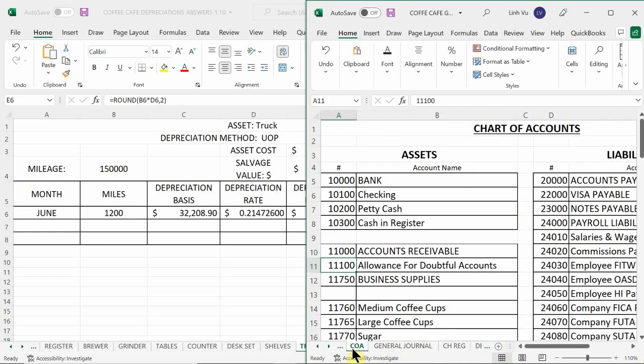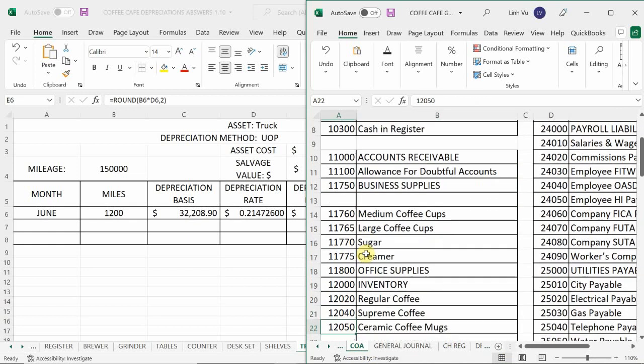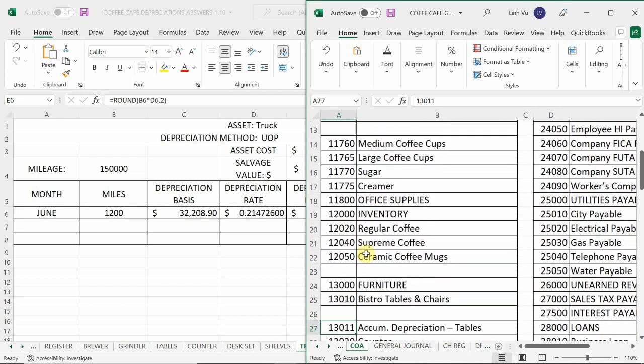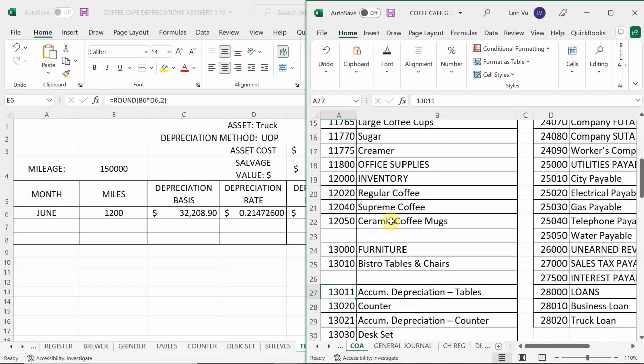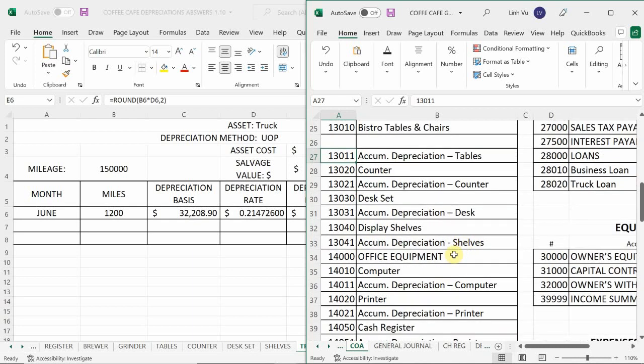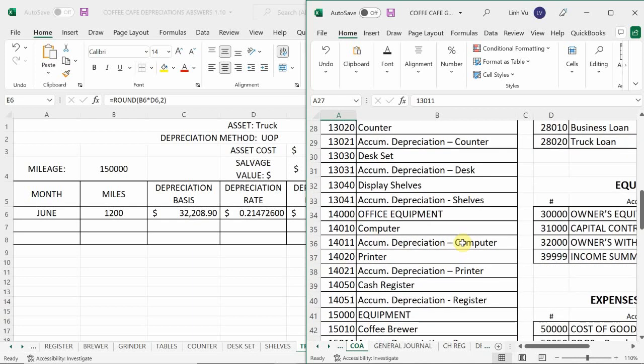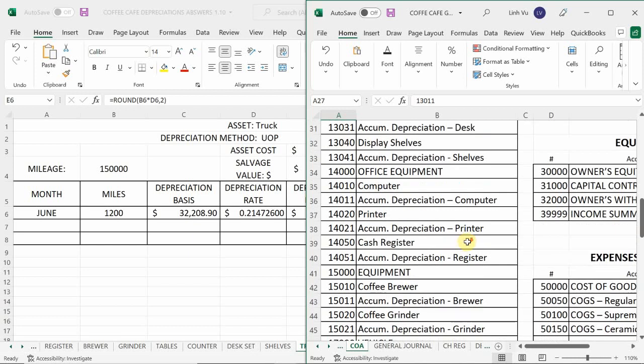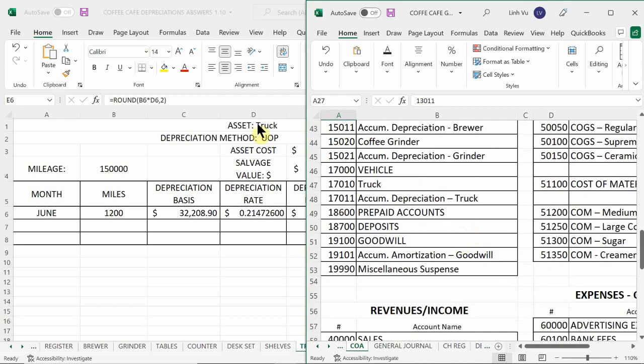If you take a look at your chart of accounts, when you look at all of your assets, especially your fixed assets, you have an accumulated depreciation for a table, for a counter, for a desk. They're not all collective under the accumulated depreciation. They're all separate. So in this case, I need to list out all my assets one at a time with the accumulated depreciation.